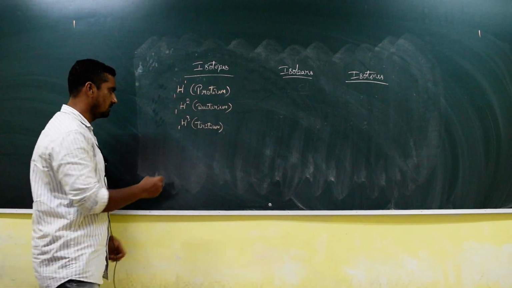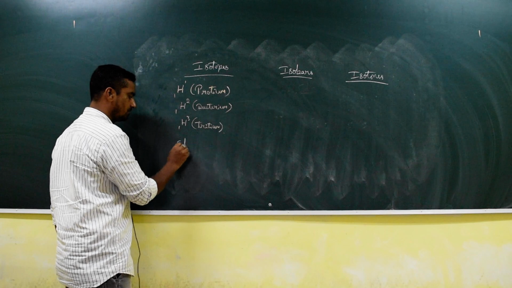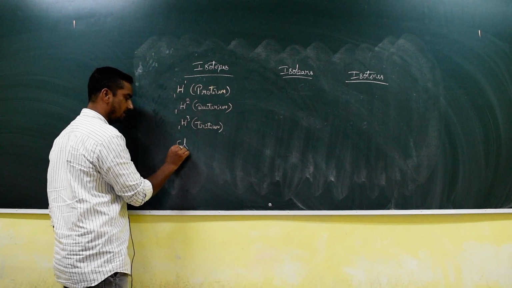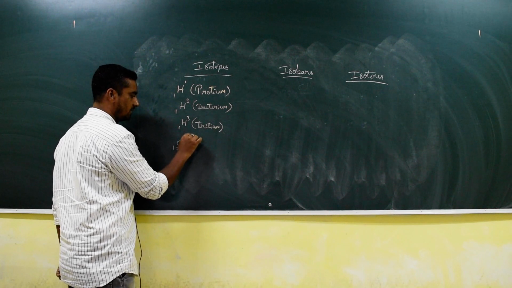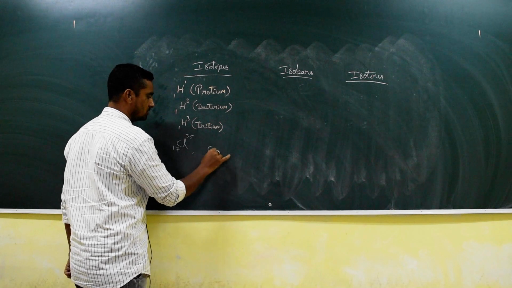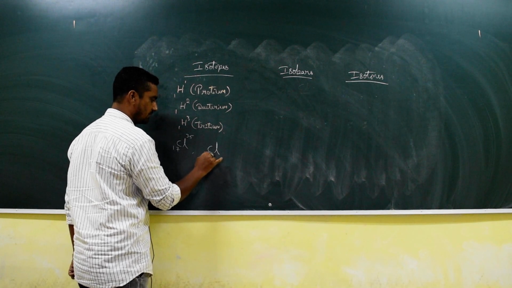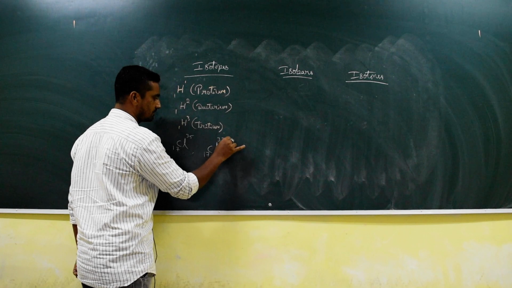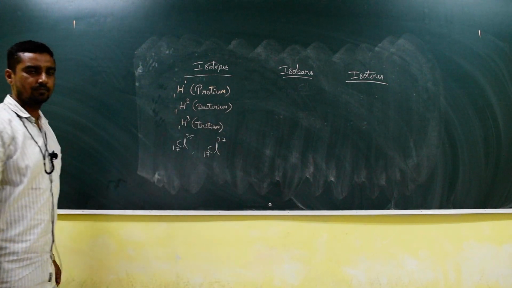I will give one more example, for example chlorine. The atomic number of chlorine is 17, and the mass number is 35. Just I will take one more isotope of the chlorine atom, that is 17 with mass number 37.